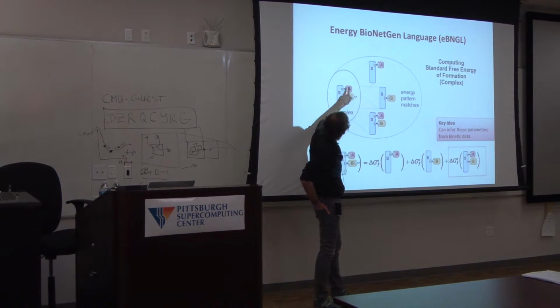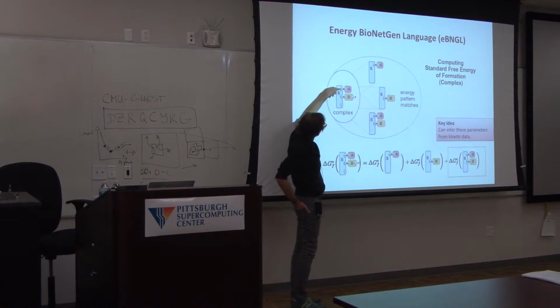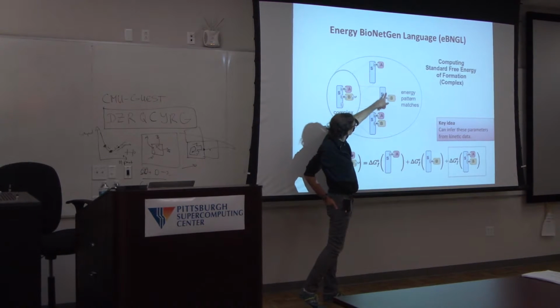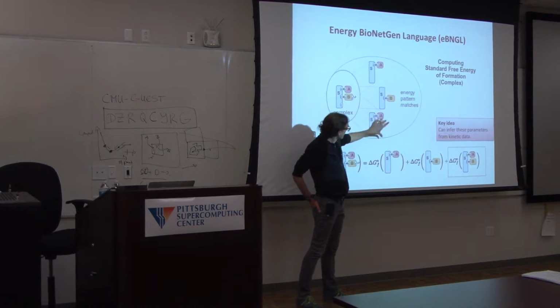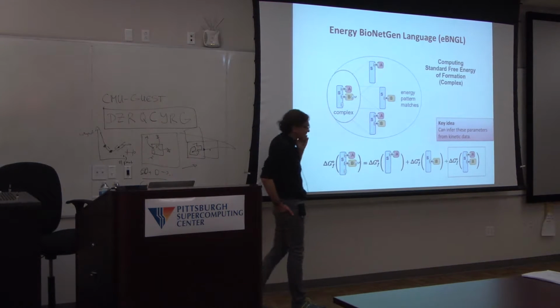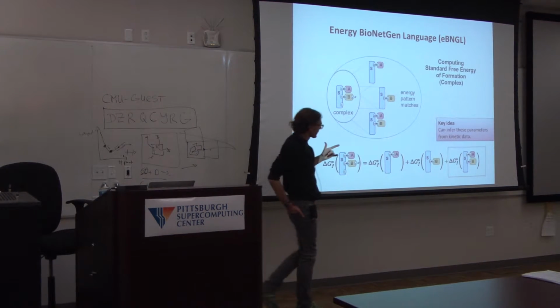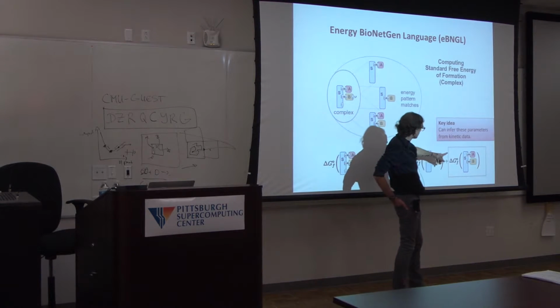Here, the energy of binding of multiple molecules to a scaffold is the sum of the individual binding site energies plus the energy that's required to make a cooperative interaction. And so the closest analogy I can come up with to combining rules is the idea of cooperativity in interactions.